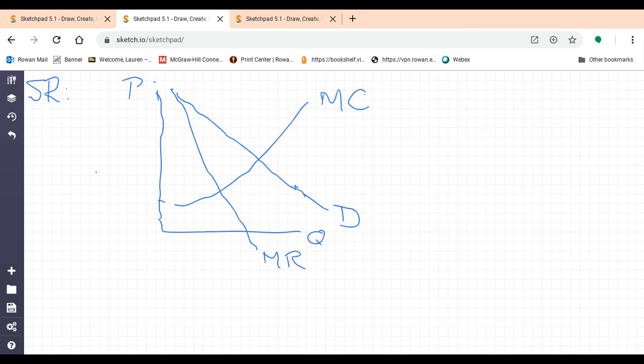So if you want to know the quantity and the price, which you might be asked, first, we still set marginal cost equal to marginal revenue. That's always the case, no matter what market structure we're in. And that gives us here the quantity.